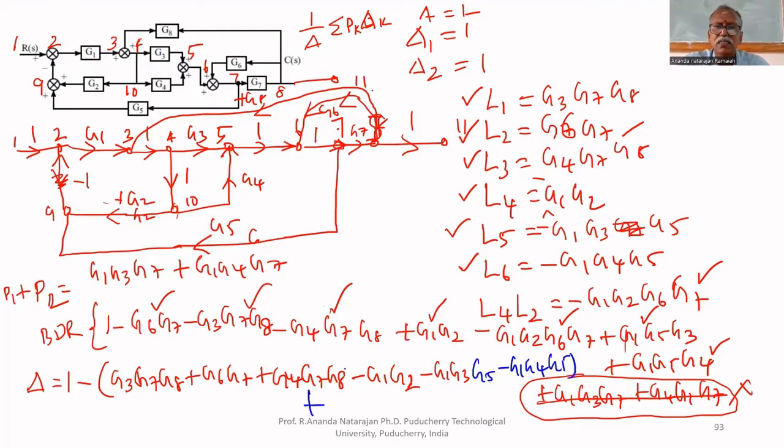That's all. Plus, what is the formula? 1 minus these, and again plus two non-touching loops.